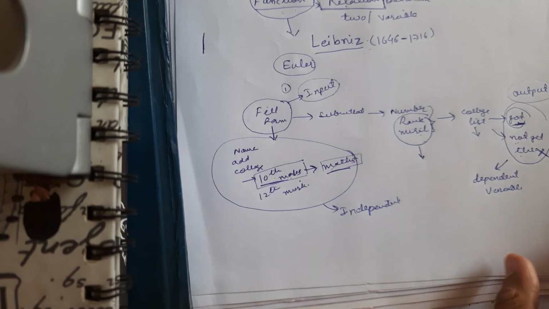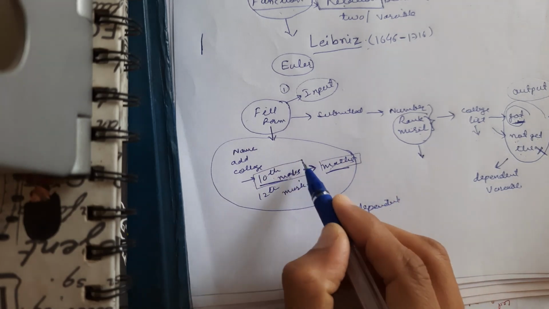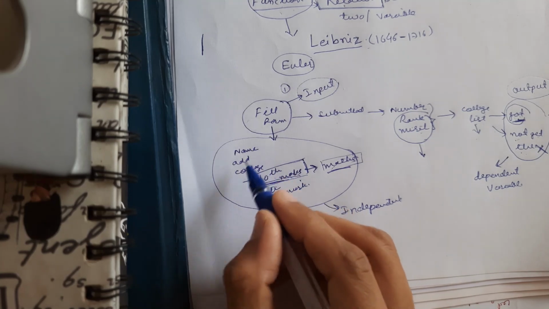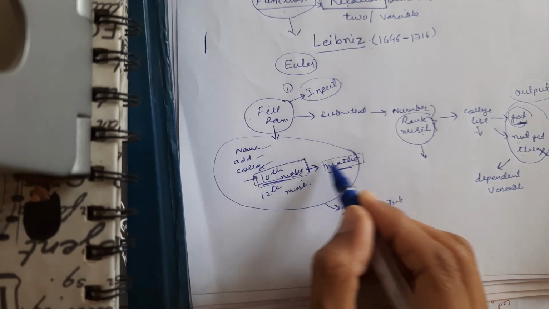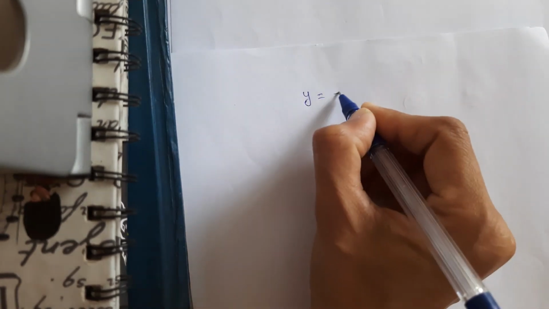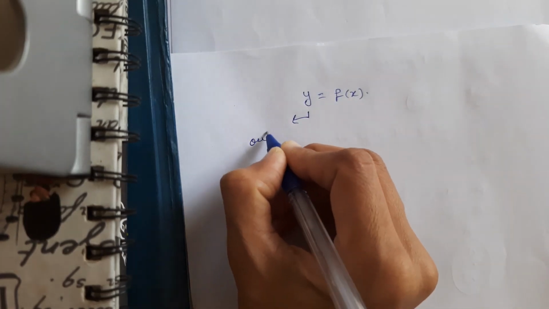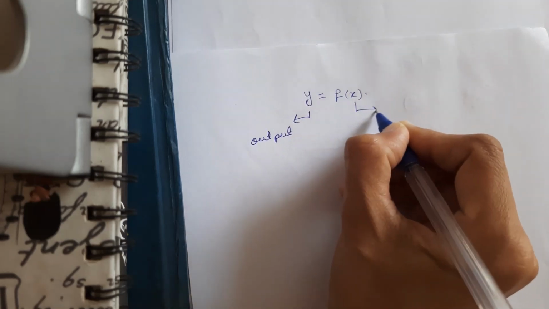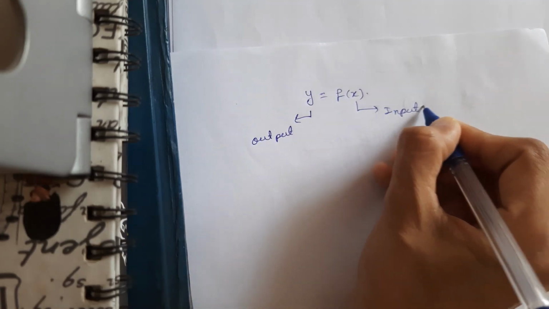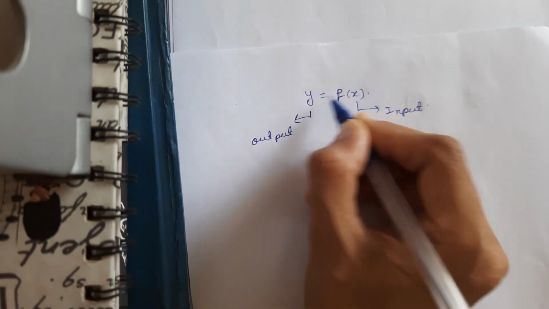Okay. So in mathematics, for the time being, just consider that you are feeding only the 10th marks, because all of these are variables: name, address, college. But here we are going to learn only single variable functions. So mathematically we represent this as y equals f of x. This is the output, this is the input, and this f is some relationship by which they are connected.